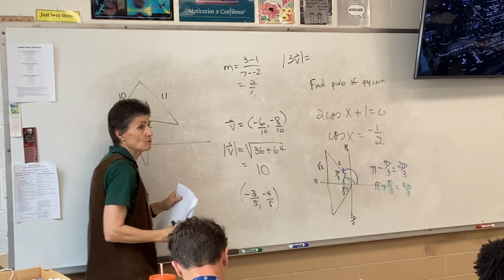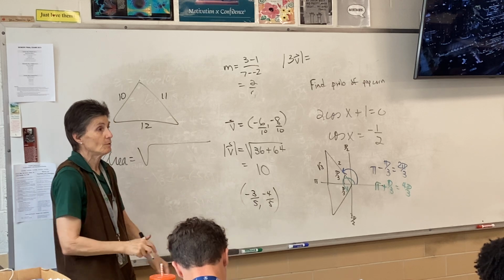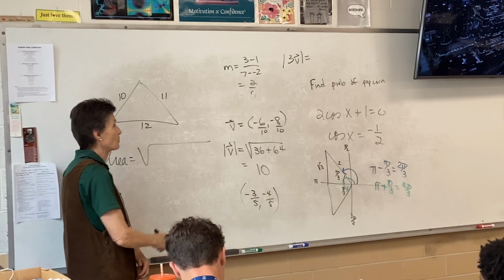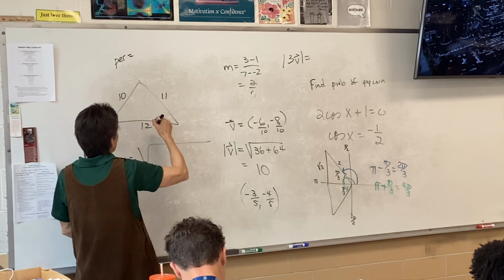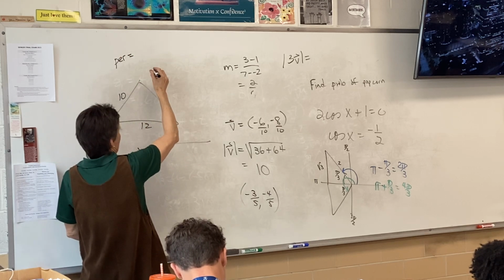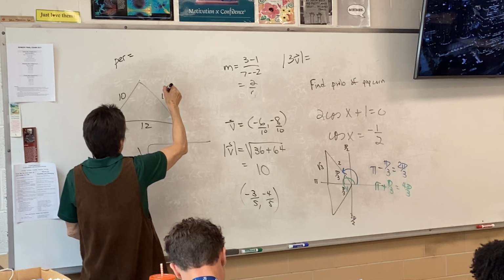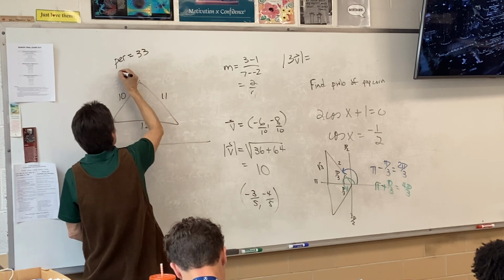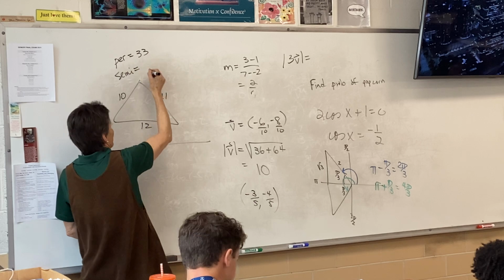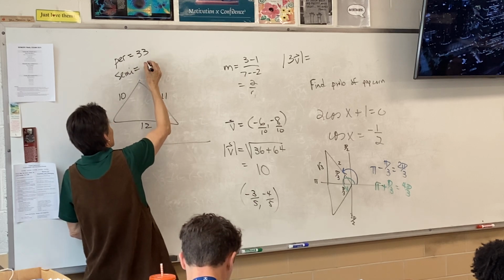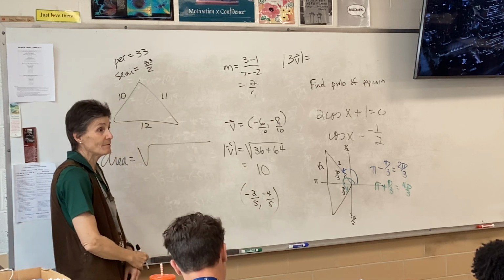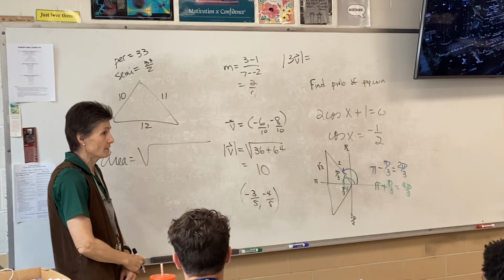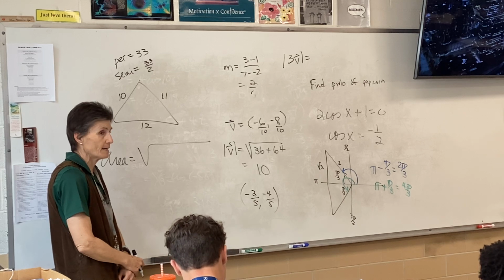It's called Heron's formula. First thing we do is add up the sides, in other words, find the perimeter. So the perimeter of this thing is 33. So the semi-perimeter is 33 halves, it's going to be 16.5. And I'm doing this without a calculator, so I'm trying to keep it as easy as I can.